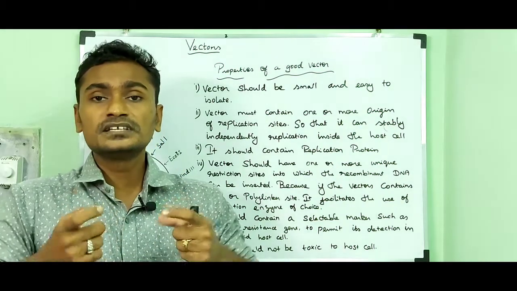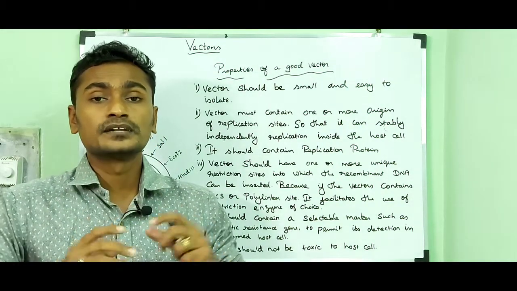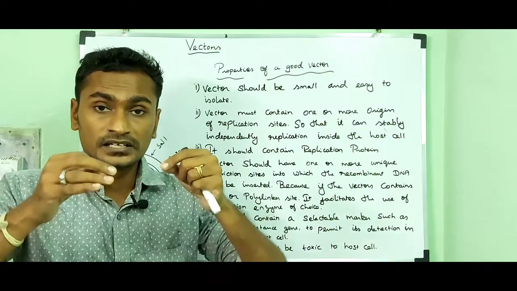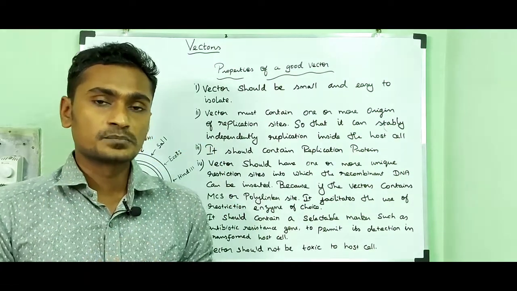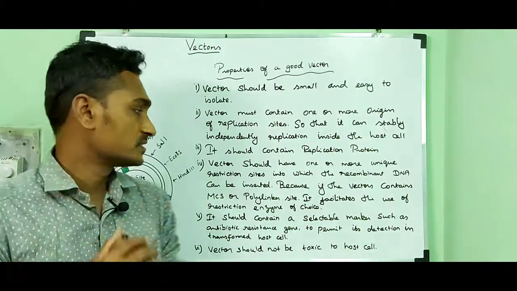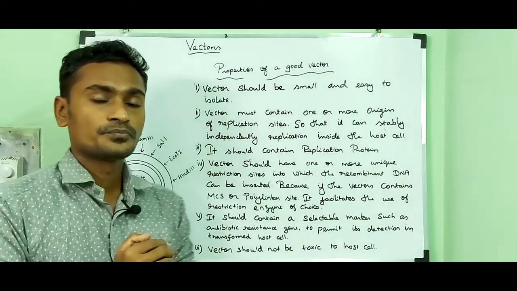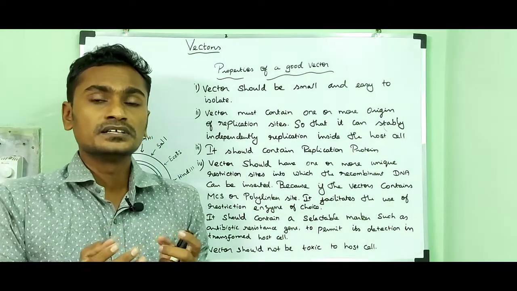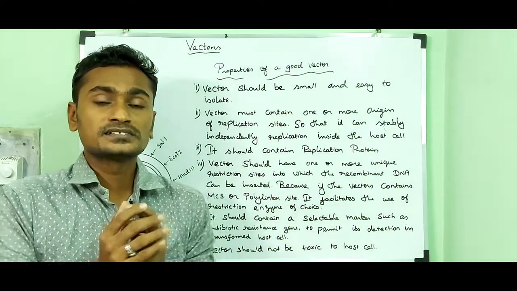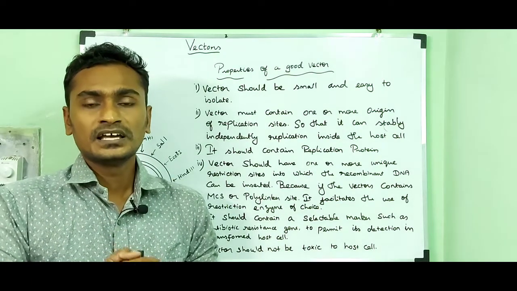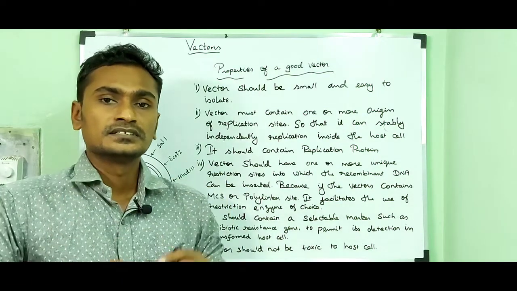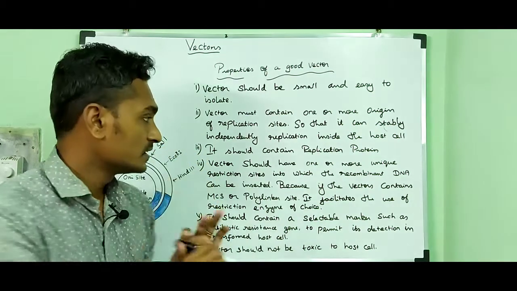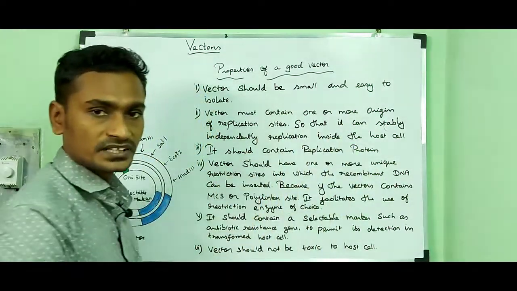Then only the DNA polymerase can recognize and bind with that primer and initiate the DNA replication process. Likewise, the vector also should contain the replication protein. Then only the DNA polymerase can recognize and bind with the replication protein and initiate the replication process. So the vector should contain the replication protein.